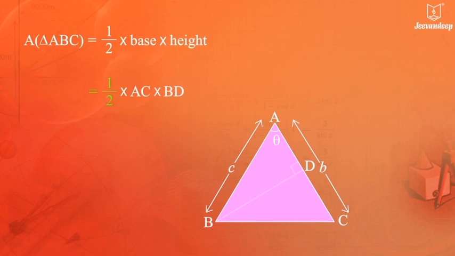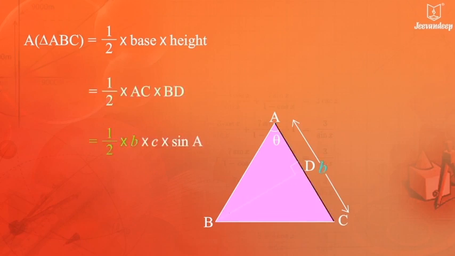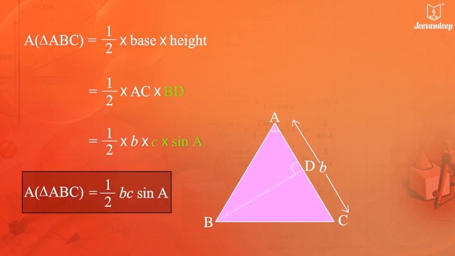That equals half AC multiplied by BD, or half b multiplied by c into sin A, or half bc sin A. In the given figure, AB equals c equals r, AC equals b equals r, and angle A equals theta.